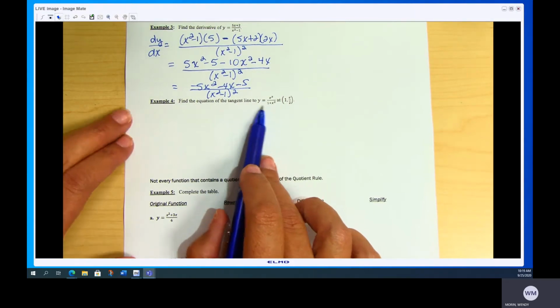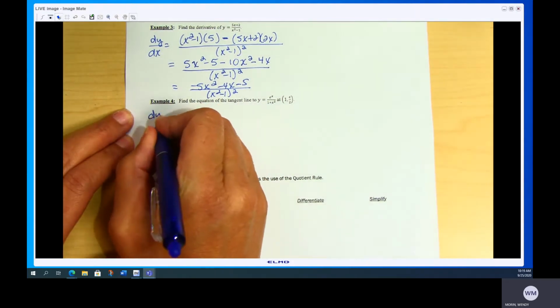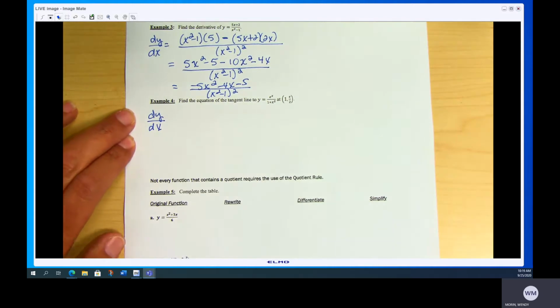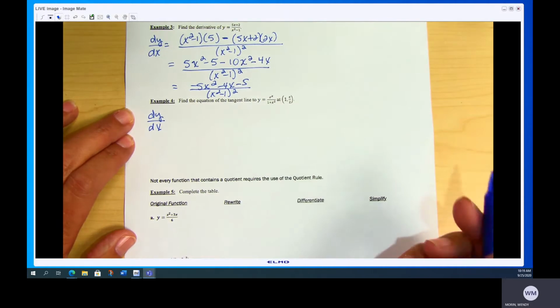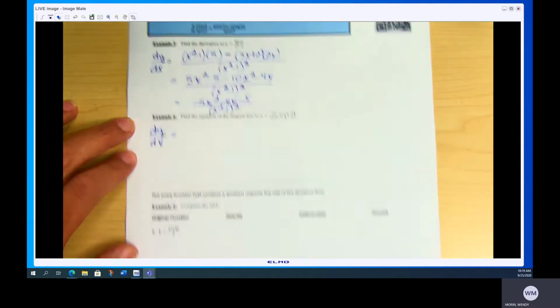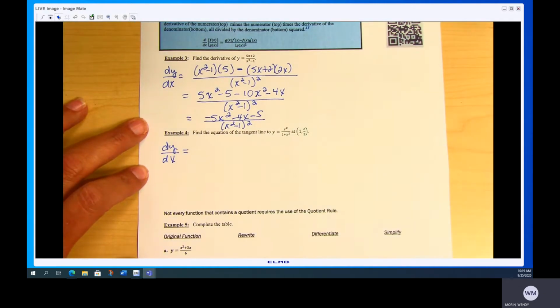So we're going to find the first derivative of y. Again, notation for the first derivative of y is dy dx, or y prime. And again, we have a quotient here. So we're going to use the quotient rule. So why don't you practice the quotient rule on your own? Stop the video and see if you can do the quotient rule on your own.